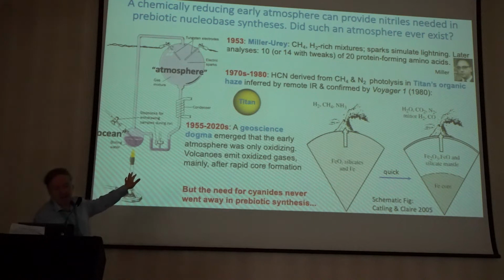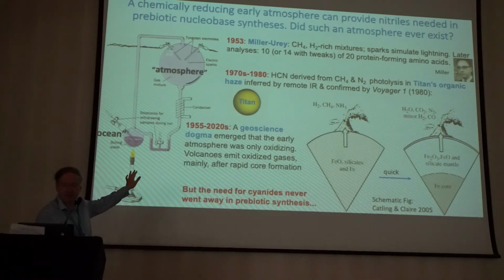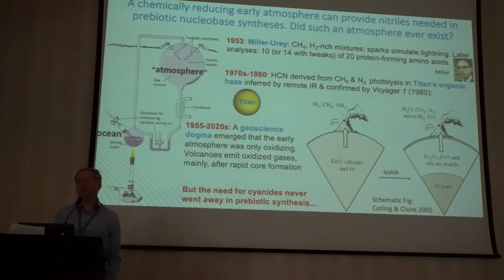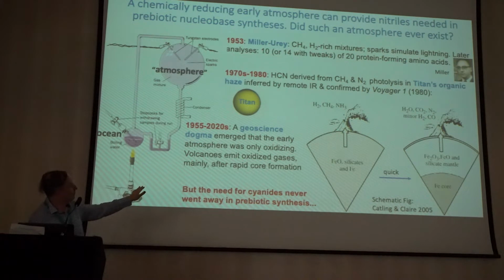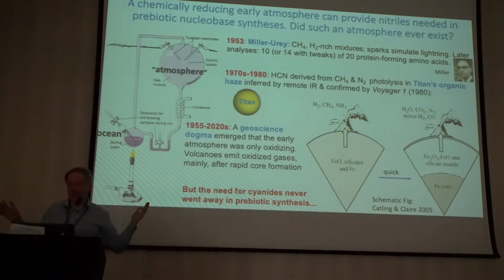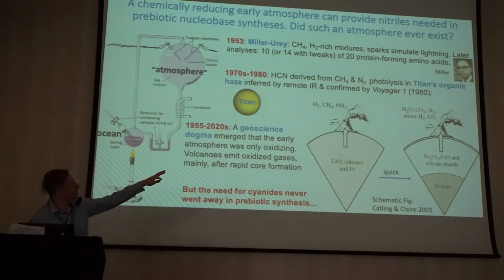However, more or less at the same time as the Miller-Urey paper, a few years from that, geoscientists were sort of killjoys to this idea. They said, well, hang on, we know when we look at modern volcanoes, so that's on the right there, that supply the atmosphere over geologic time, the gases are oxidized, like CO2 or nitrogen, instead of CH4 or ammonia.